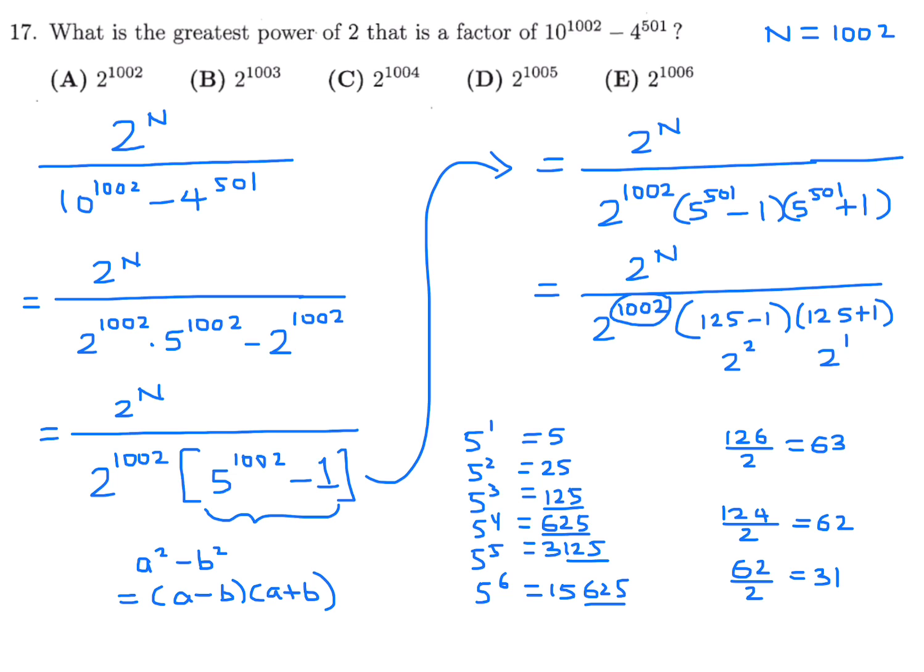So that would make it 1005. So n is equal to 1005. That's the largest power of 2 that is a factor of that big long number. And that means 17 is D.